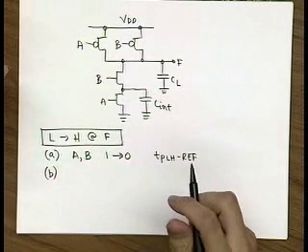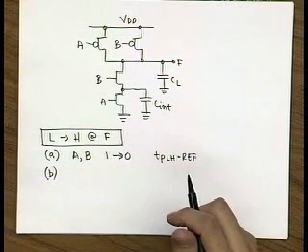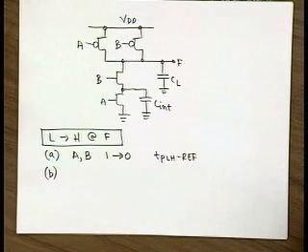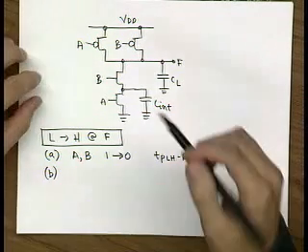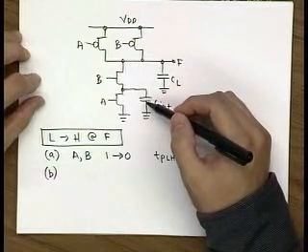Now, we have two other cases. Basically, we have a case where only one of the inputs goes from 1 to 0, and another input stays at logic 1, right? And then we have to distinguish two cases depending on the initial condition on this internal capacitance.